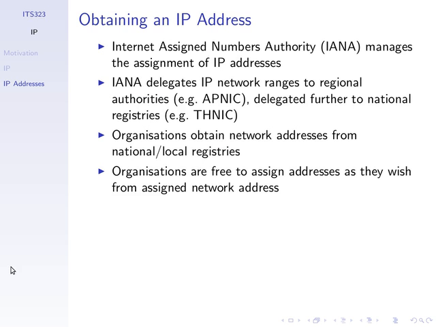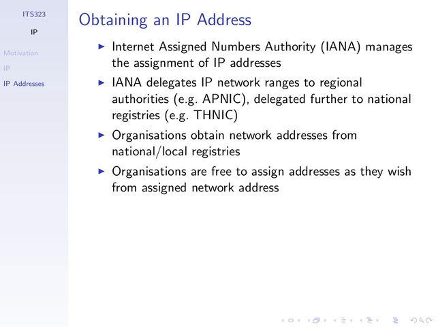The last thing we want to say, where do you get an IP address from? There is a global organisation that assigns IP addresses to different organisations in the world. The Internet Assigned Numbers Authority manages the assignment of IP addresses. In fact, they delegate it to different organisations throughout the world.